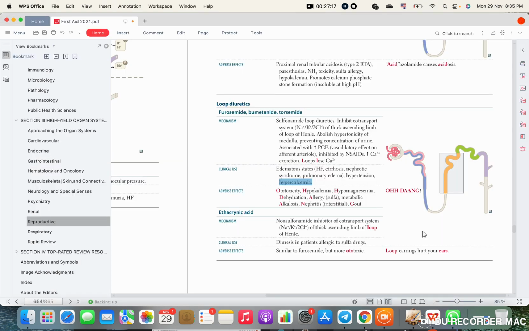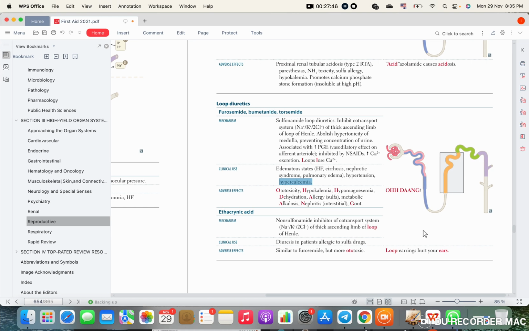Good. Okay, so also hypomagnesemia, we saw that before, when we had the trashing of the magnesium and the calcium together. Dehydration, obviously. Allergy, why? Sulfa drug. Again, sulfa drug? Yes, I told you, all of them are sulfa drugs except one. And metabolic alkalosis as well. Why metabolic alkalosis? Well, what is going to happen to your potassium if you use loop diuretic?